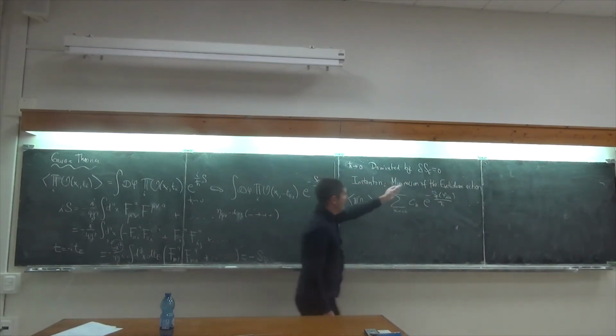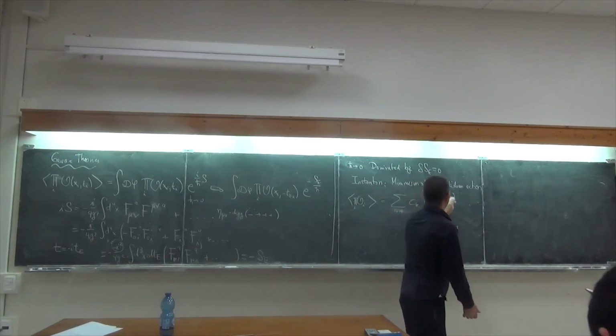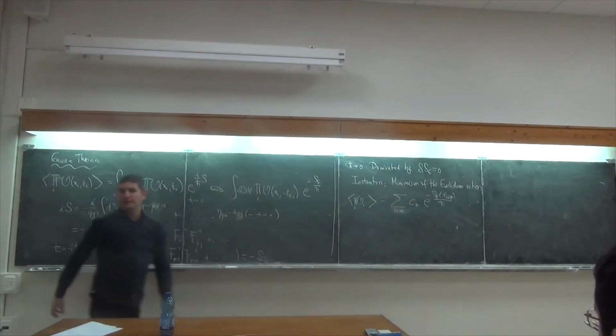Therefore, it's a sum over the instantons of the exponential of minus the Euclidean action evaluated at the instantons.